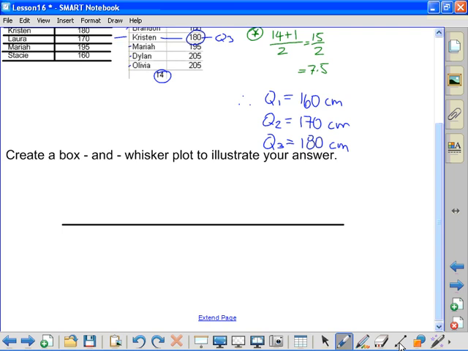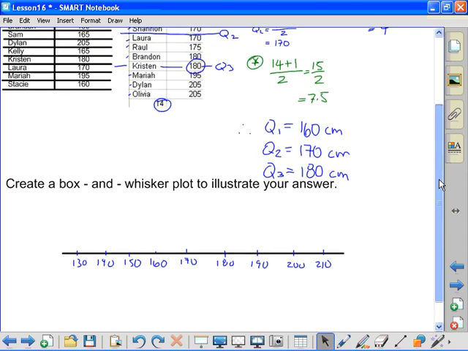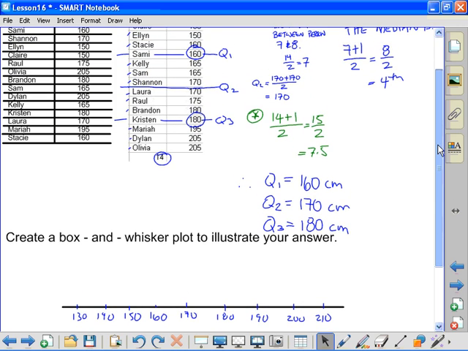So I know that my Q2, so I'll cheat a little bit, it's at 170. So I'll go 180, 190, 200, 210, going the other direction, 160, 150, 140, 130, and hopefully that's far enough. So the box whisker doesn't have to be balanced. It might be unbalanced a little bit.